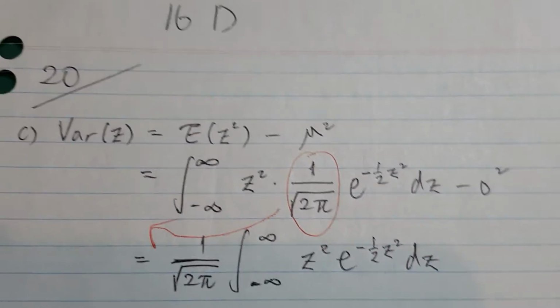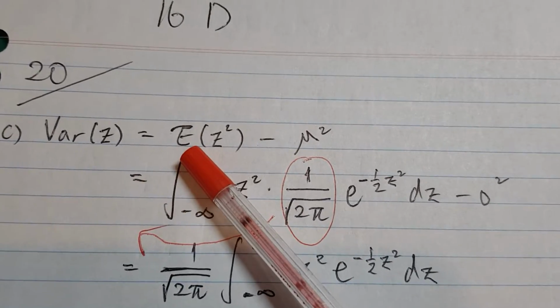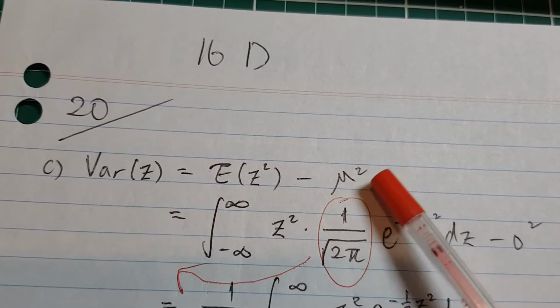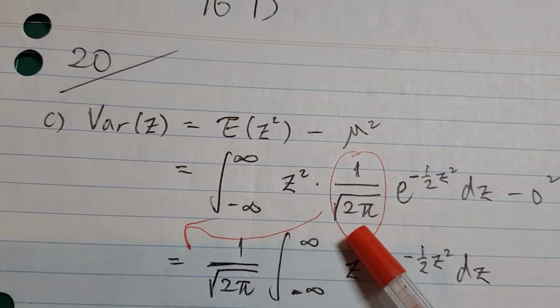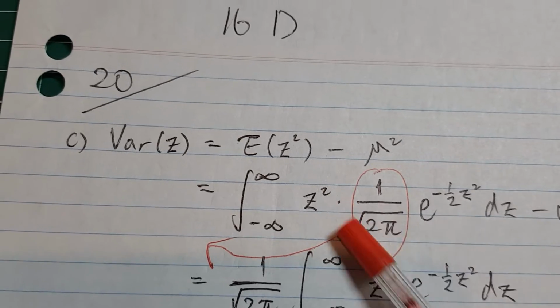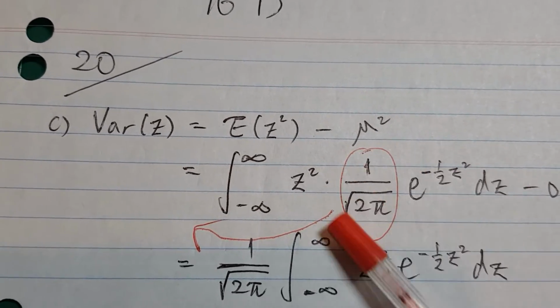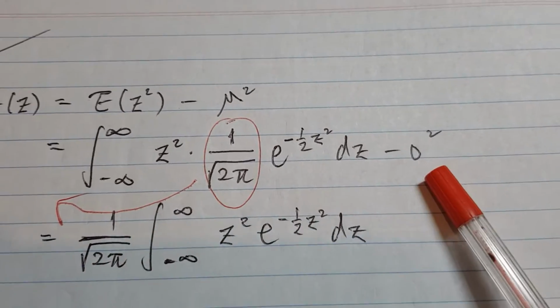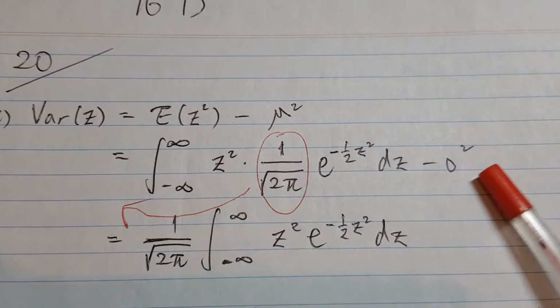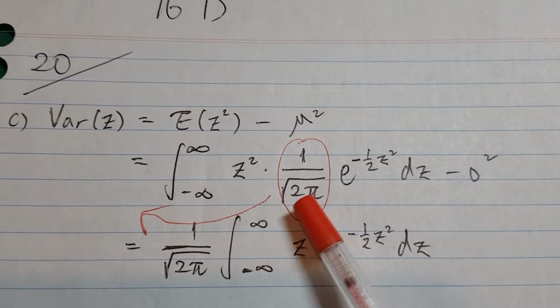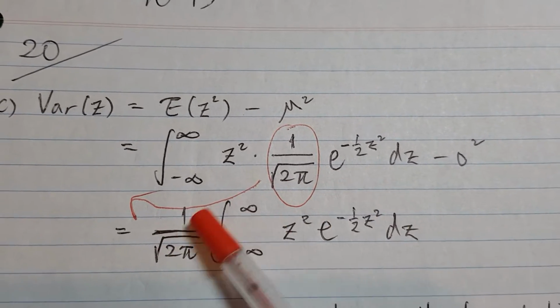Okay, so the variance, first of all, is the expected value of z squared minus the square of the expected value. So it's now z squared times 1 on root 2 pi e to the minus half z squared. So that whole thing, remember, was the phi z, the frequency function. And we just figured out that the expected value is 0. So that term, we don't have to worry about anymore. Now, again, I'm taking that out, then you get this.